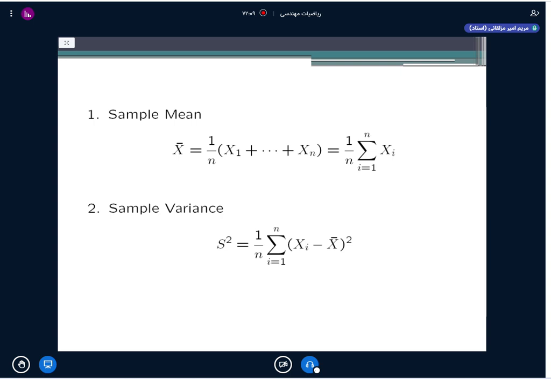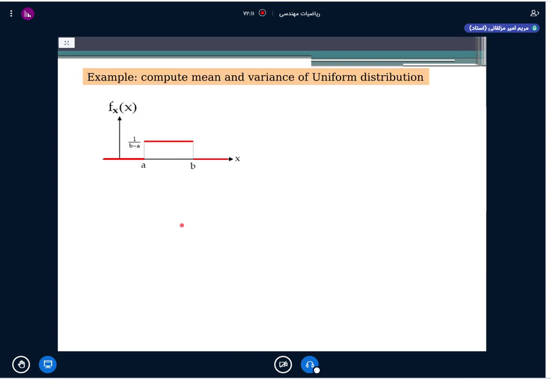In this example, we want to compute the mean of these distributions. The mean, the average of this distribution, EX. Okay, to compute expectation of X or the mean of this random variable, we know that this random variable is continuous.